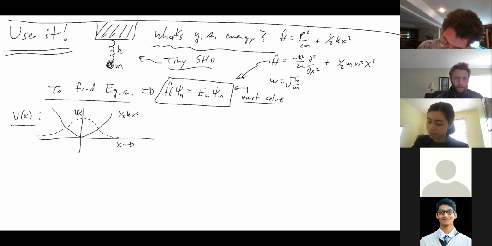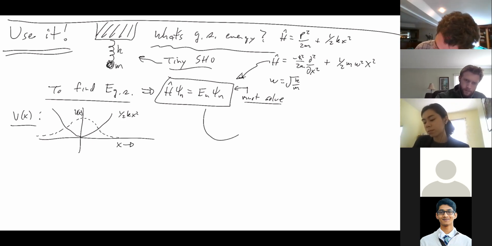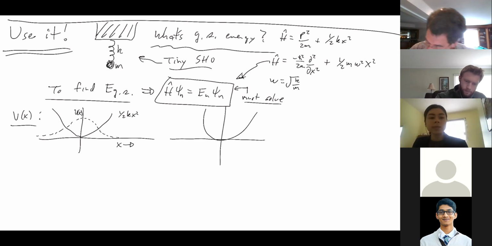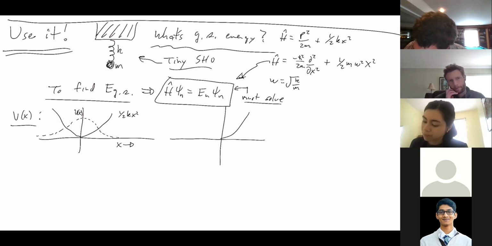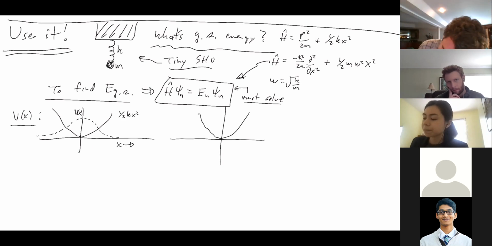But suppose you didn't know that. This is how you do it: you use reasoning. You say, okay, that's my potential. Oh, that's a pretty crappy parabola. I got some potential. Now I know there's a ground state energy. I don't know what it is, but I know there is one.